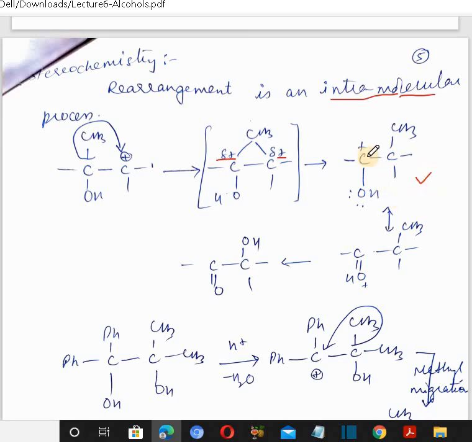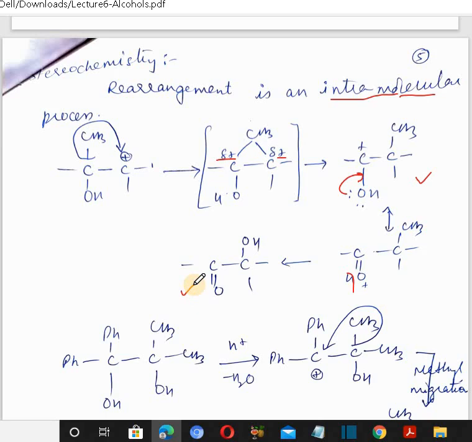Then these electrons move to this carbon to neutralize it, and finally this hydrogen is removed as H positive, and we get C double bond O, that is, a carbonyl compound, or say a ketone is formed as the end product.